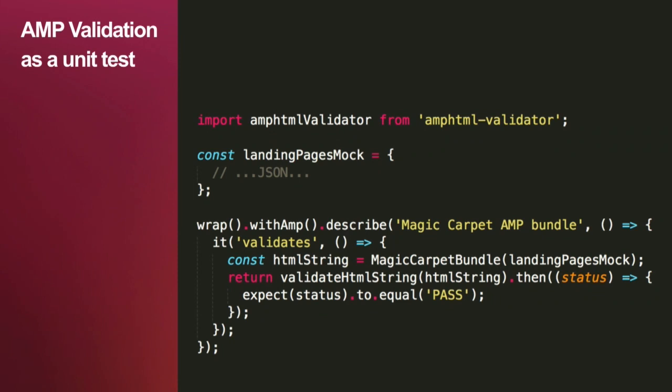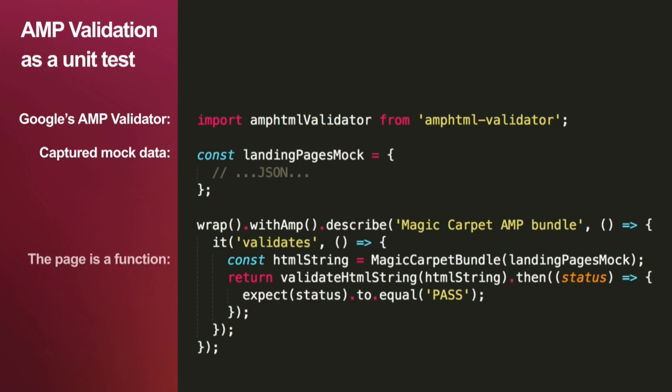AMP validation. Utilizing the AMP HTML validator, which is available on NPM, made available by Google, we're able to start off with a mock data object, which we capture by doing a regular page load.